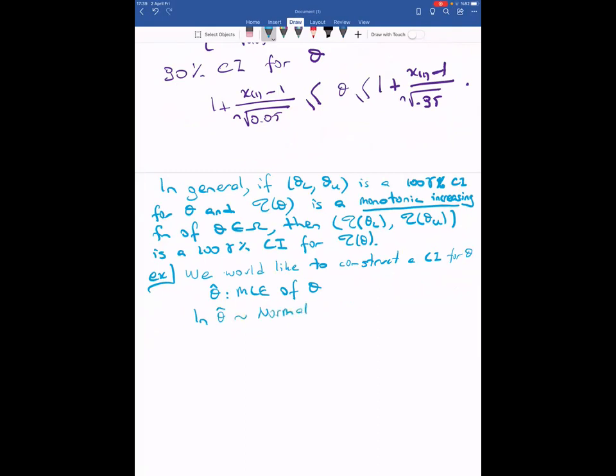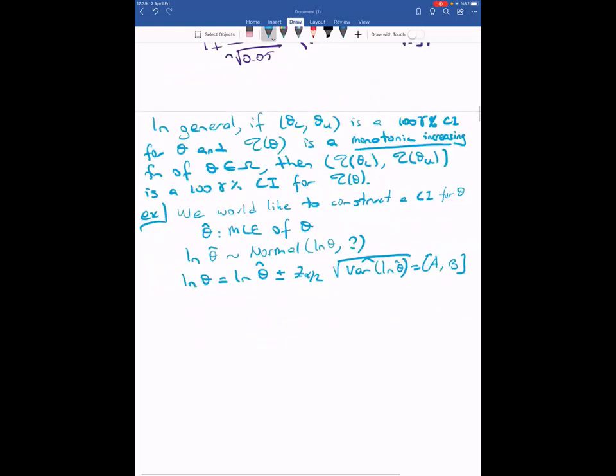Knowing that, we can get log theta and something else, then we can construct an interval for log theta. So log theta hat plus minus Z alpha/2 times the standard error, the estimated variance of log theta hat here. Let's say we obtain it as A and B.